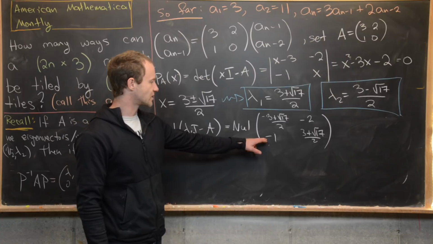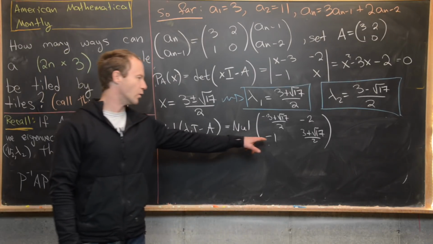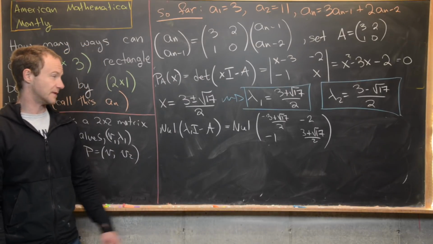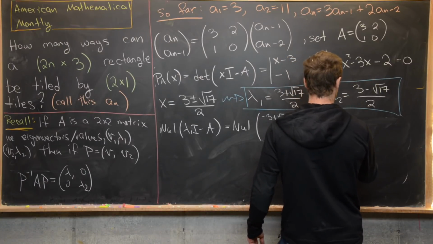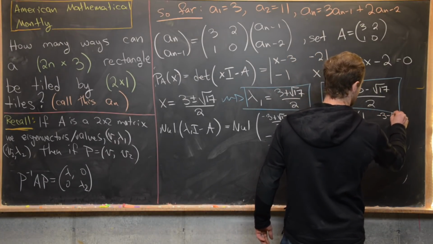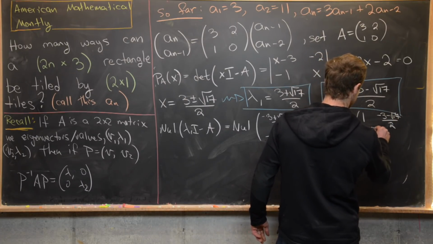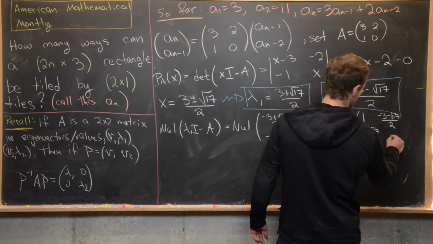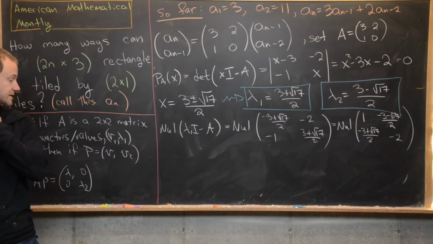So maybe I'll first swap the bottom row with the top row just to get a 1 in the nice pivot position up there. I'll also negate this bottom row while we're at it. So this is going to give me the null space of 1, and then we have minus 3 minus root 17 over 2, and then minus 3 plus root 17 over 2, minus 2. Great. So that's just by swapping rows.